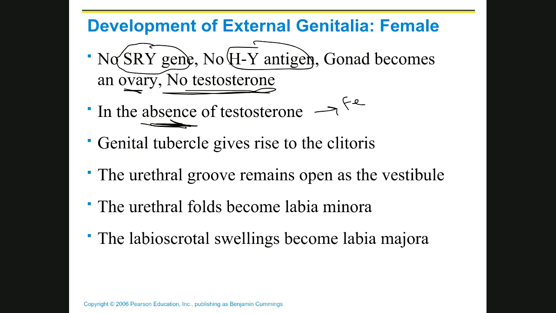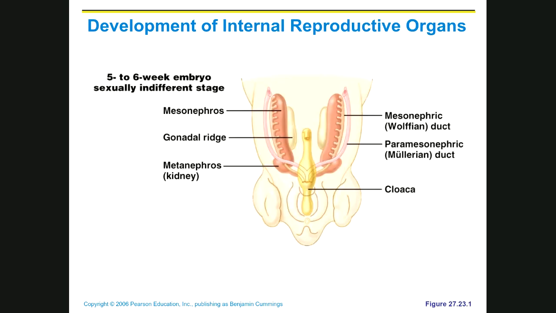And so if we look at what happens with this, remember here's our indifferent one, but again, we have 2 sets of tubes. Right there's a set of tubes, and right there's a set of tubes. We're going to have this, which is the gonad. And so what's going to happen is that gonad is going to turn into an ovary. And we're not going to get any testosterone.